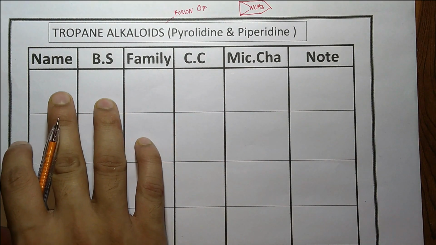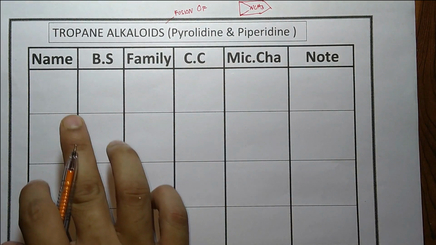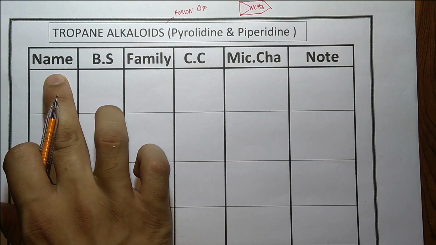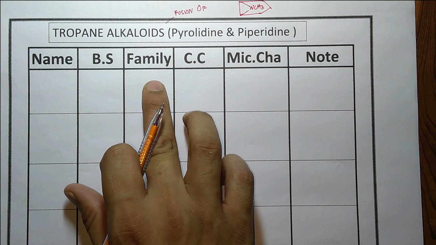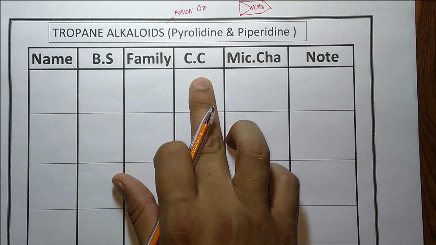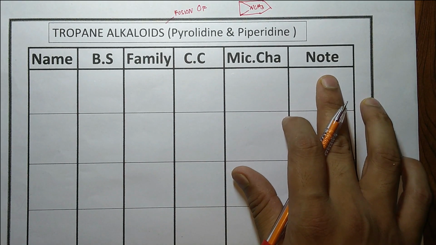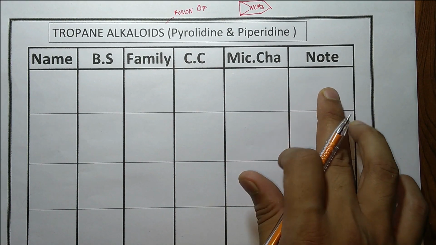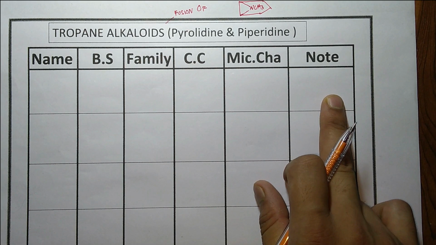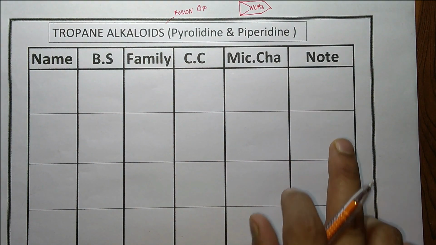Now coming to the description that we will discuss in this video: the name, biological source, family and chemical constituent, their specific microscopical character, and some important points also. So students, this box is also important.